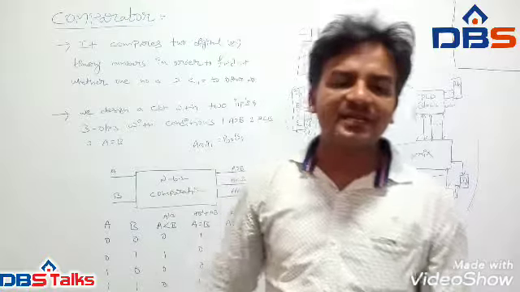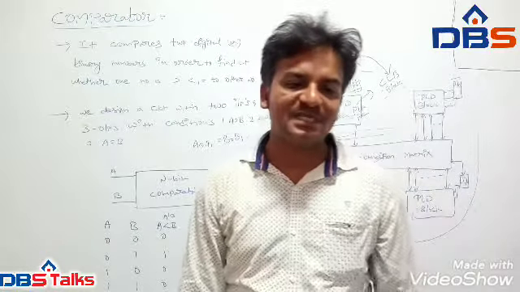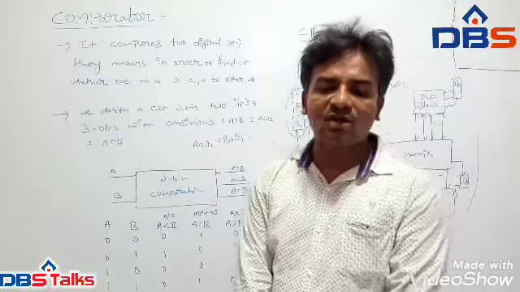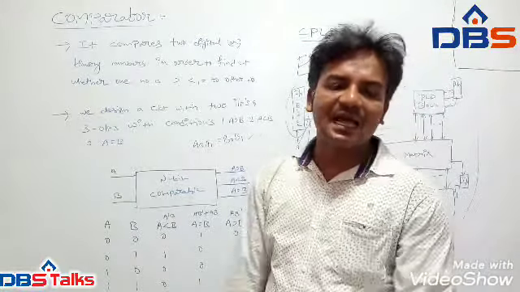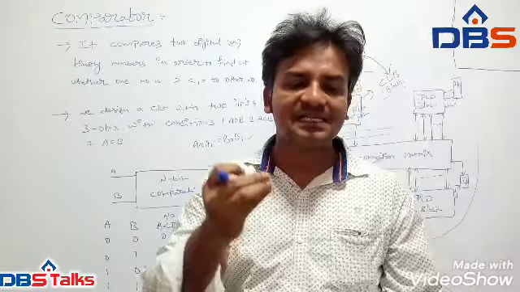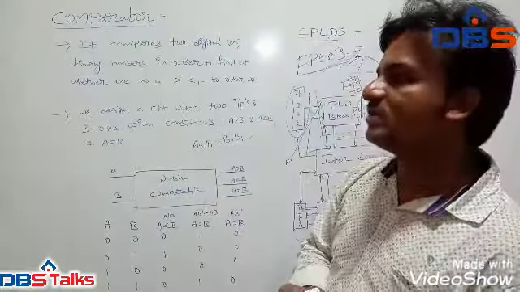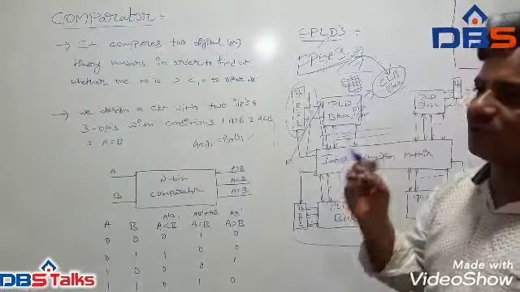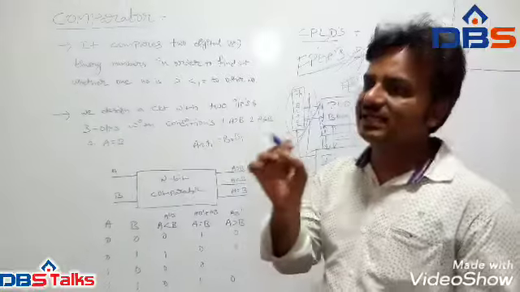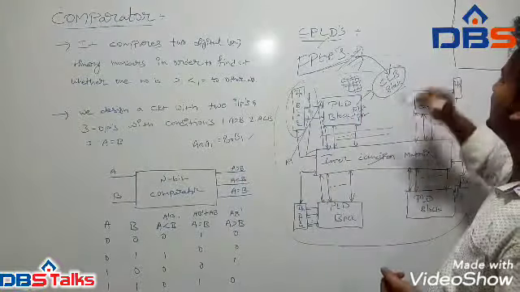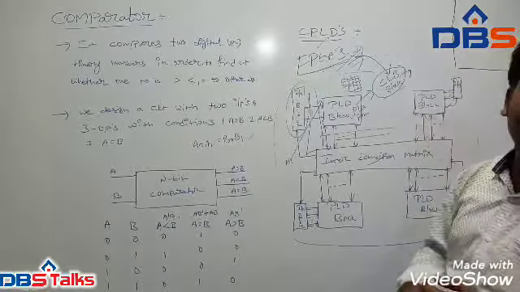The main difference between CPLD and FPGA is that an FPGA contains up to 1 lakh of logic blocks, while a CPLD contains only a few blocks of logic, reaching up to a few thousand. It is based on the CLB, the configurable logic block. That means each and every logic should be placed within the configurable logic block.